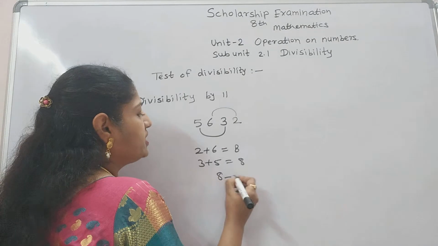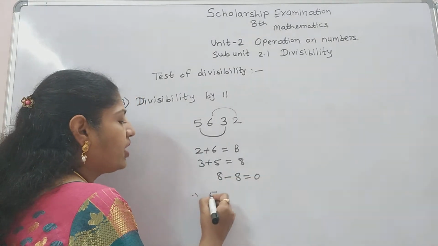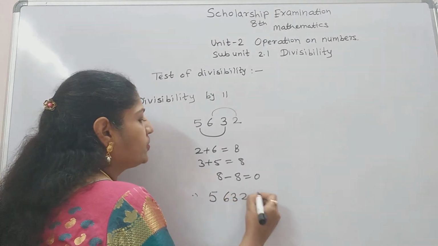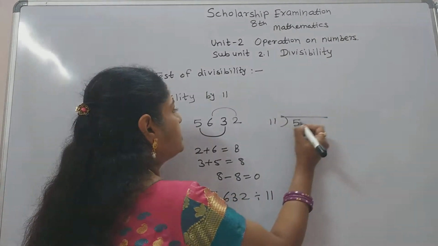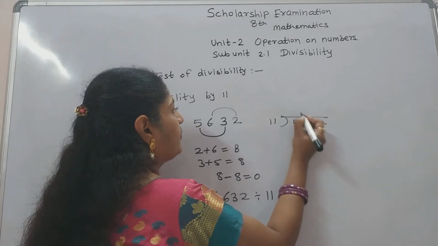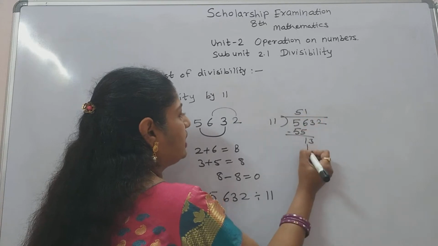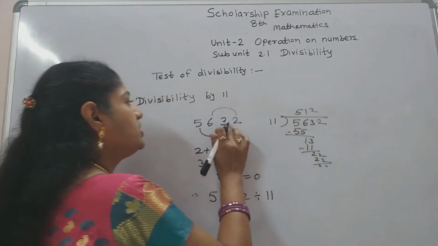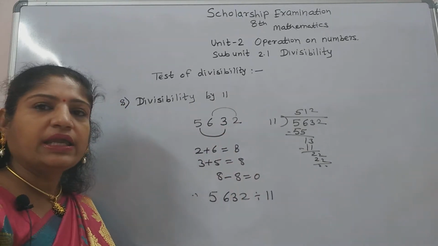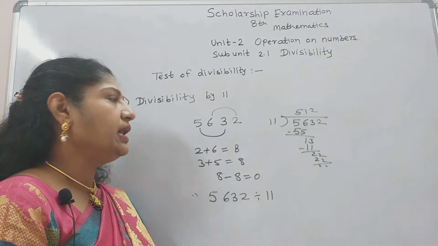And the difference of these is 0. So we say that 5632 is divisible by 11. Check it. 11 5s are 55, 11 1s are 11, 11 2s are 22. So this number is divisible by 11. 5632 is divisible by 11.